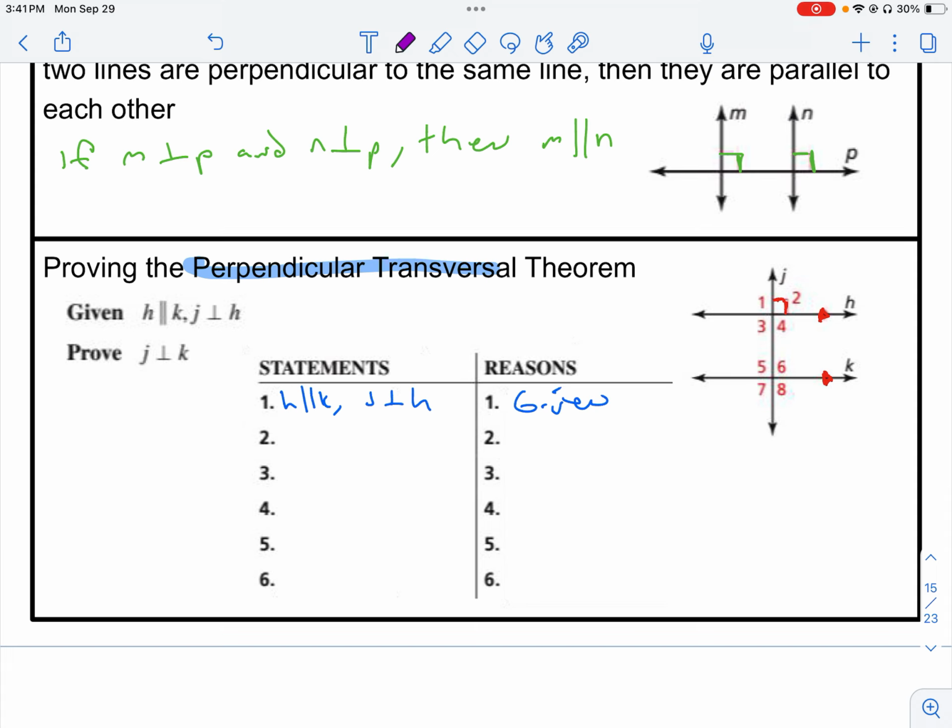And we know the measure of angle 2 equals 90 degrees, because the definition of perpendicular lines.